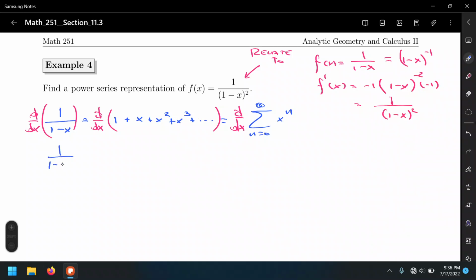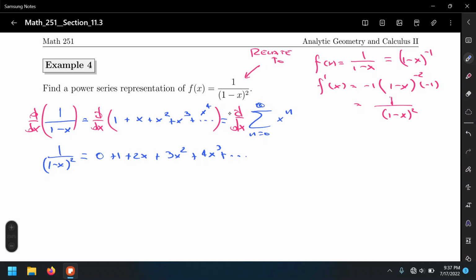That's 1 over 1 minus x quantity squared equals the derivative of 1, which is 0, the derivative of x, which is 1, the derivative of x squared, which is 2x, the derivative of x cubed, which is 3x squared, and then plus, if we had the x to the fourth term, that's 4x cubed, plus dot dot dot. We don't need that many.